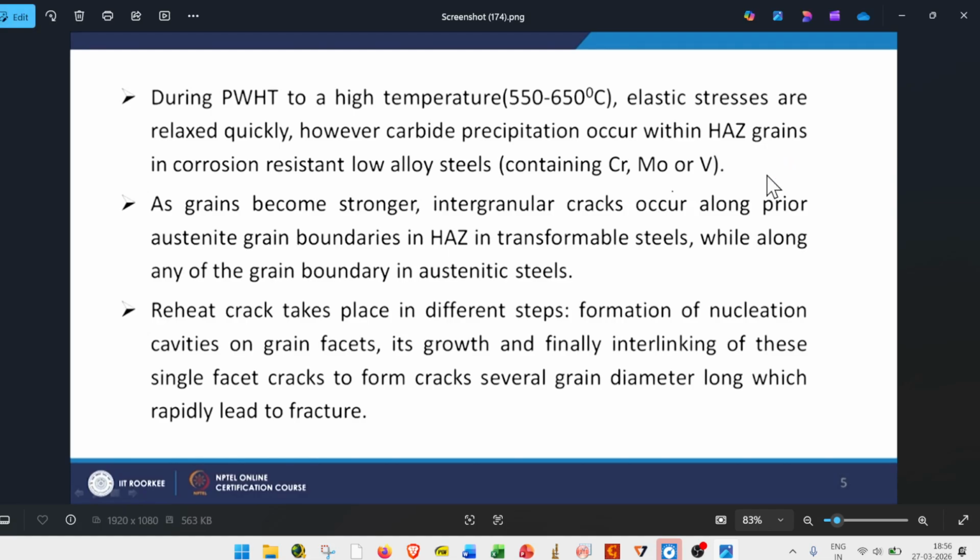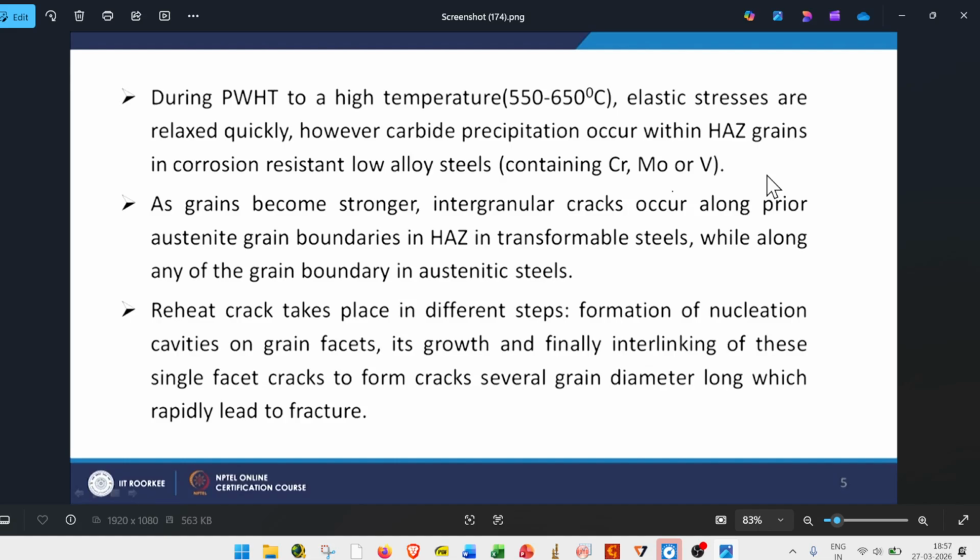During post weld heat treatment at high temperature, generally 550 to 650 degrees, the elastic stresses are relaxed quickly. However, carbide precipitation occurs within the HAZ grains.